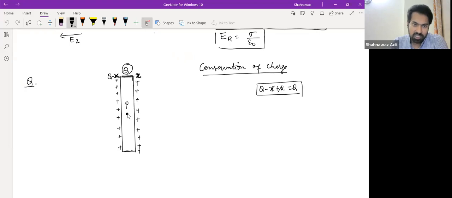So which means that whatever this X charge is contributing on this side, right, and this Q minus X charge is contributing on this side, right, Faiza and Tariq, am I correct?